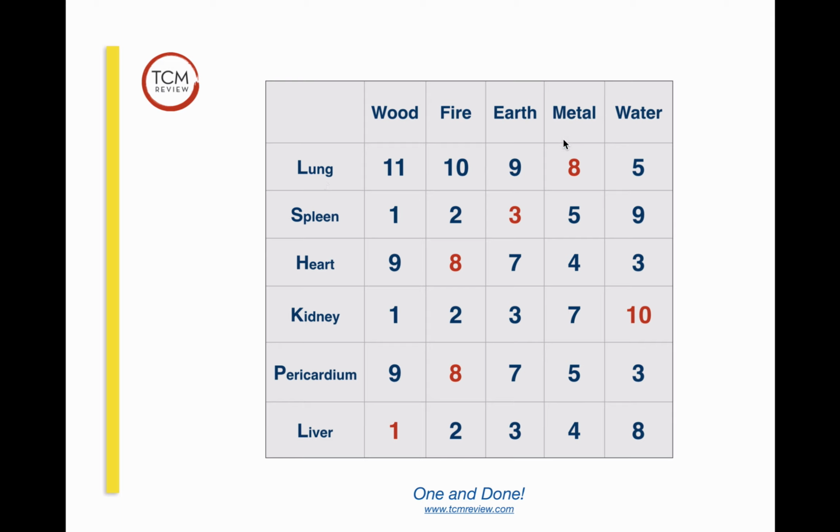So metal on metal is 8. When we drop down to spleen, spleen is an earth channel. We find the earth point on the earth channel. 1 is wood, fire is 2, earth is 3. So this is earth on earth. Pericardium is considered a fire element channel, and fire on fire for pericardium is 8.